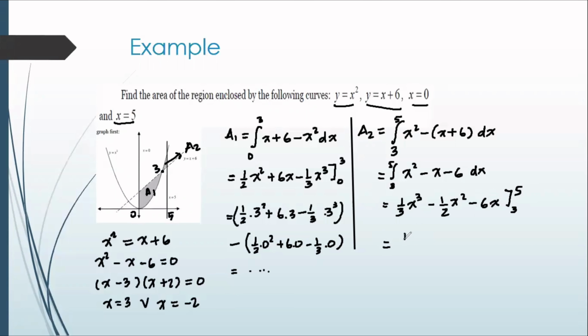So that you will have 1 per 3 times 5 cubed minus a half times 5 squared minus 6 times 5, minus 1 per 3 times 3 cubed minus a half times 3 squared.